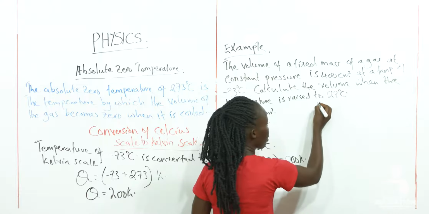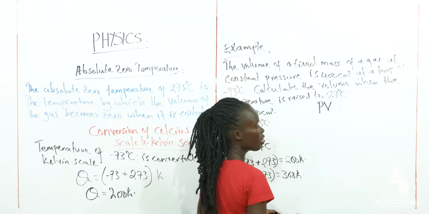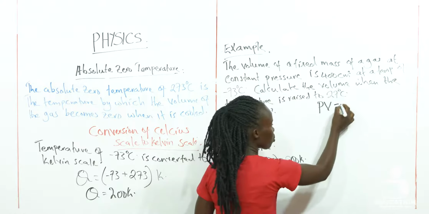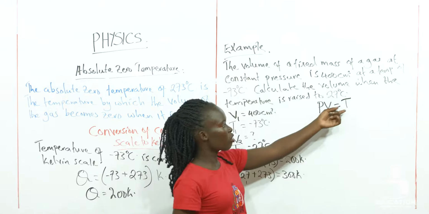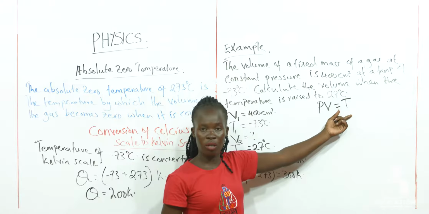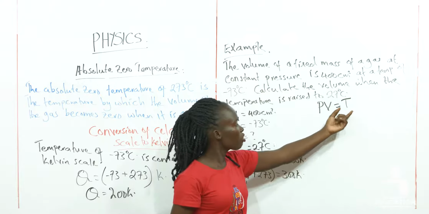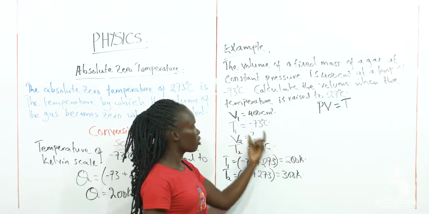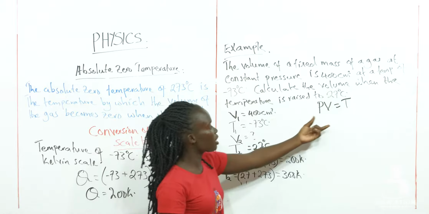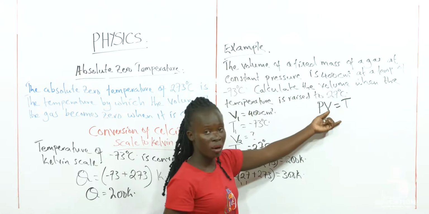from P, pressure, the product of pressure and volume, which equals a constant. This was from Boyle's law, where the temperature is constant. Now let us try to get the formula we are supposed to use for Charles' law from Boyle's law here.